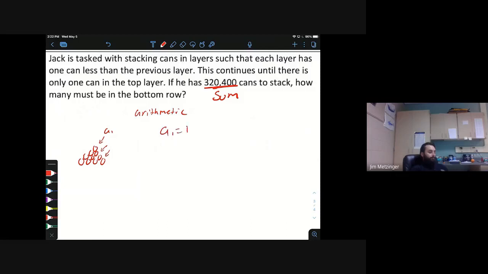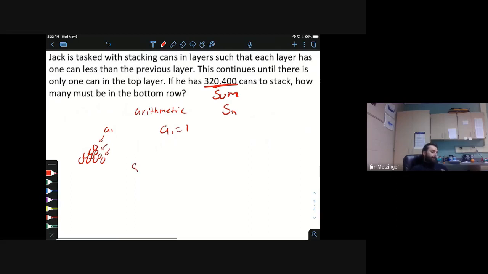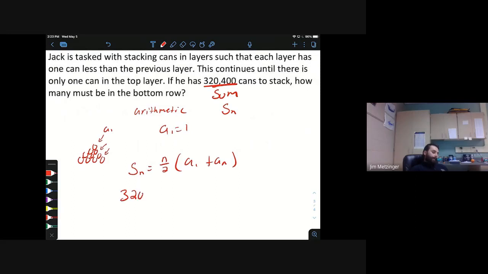I'm going to say A1 is 1. We don't know what N is, and we also don't know what AN is. But we know what the sum SN is. So my arithmetic sum formula is N over 2 times A1 plus AN. Plug in what we think we know. So 320,400 is equal to N over 2 times A1 plus, what's AN going to be?